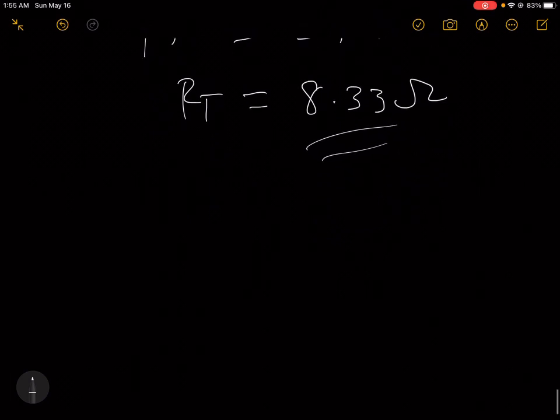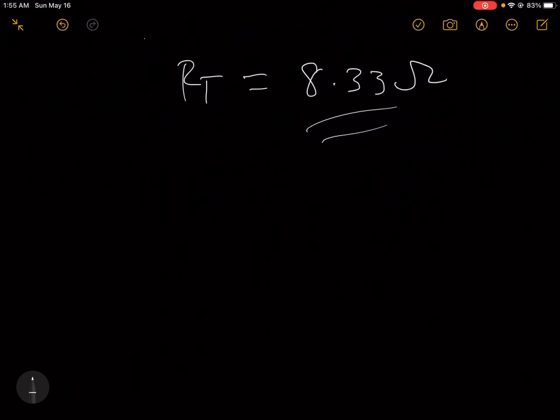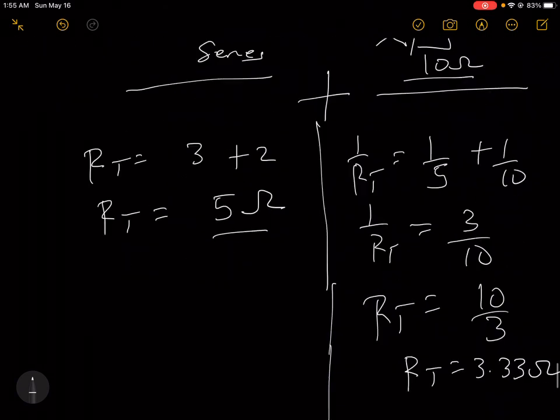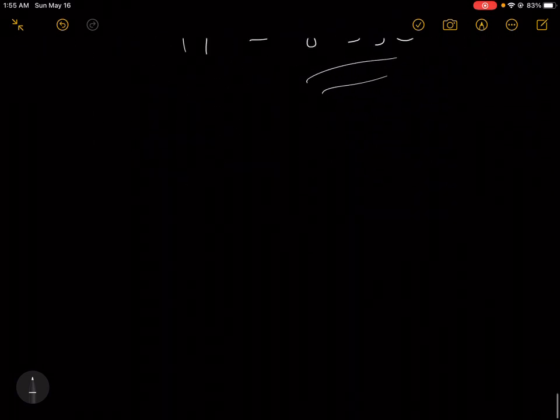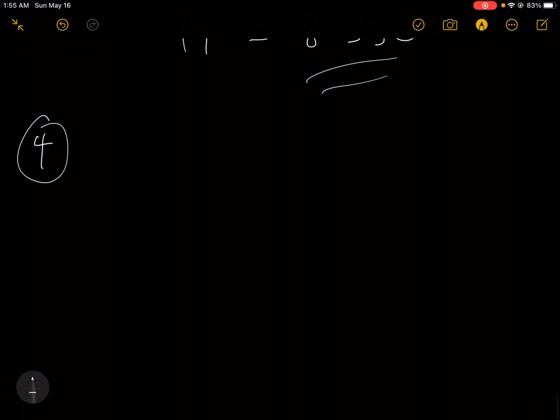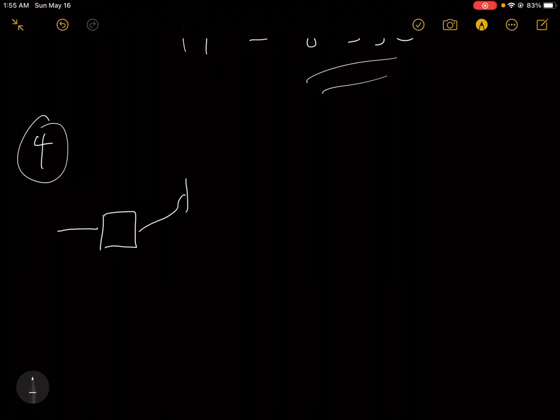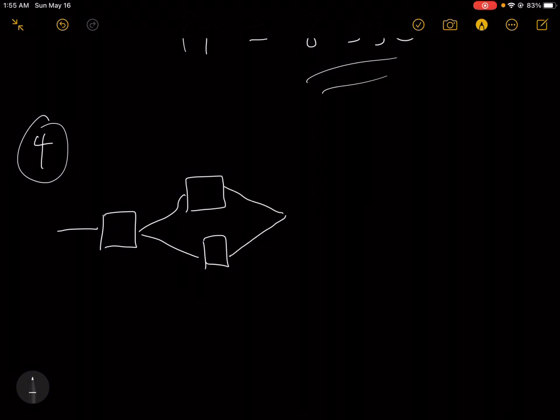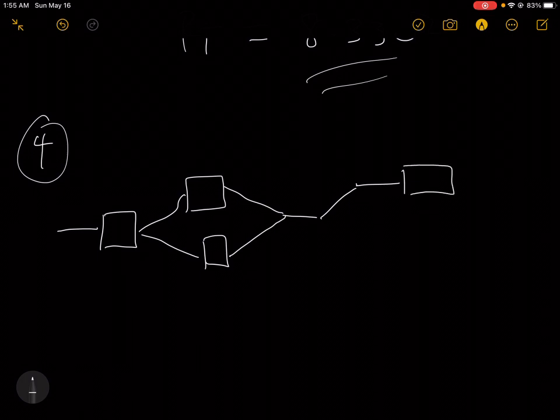Now let me do one more or two more. So example 4. So we have something like this. This is a little bit complex, but still solvable. Drawing this, we have something like this.